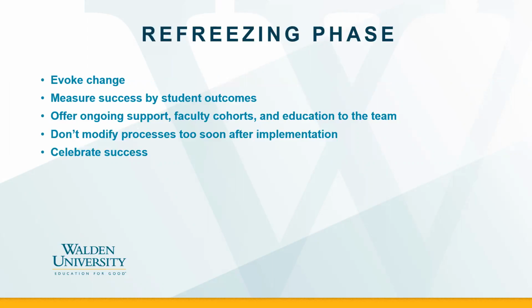The refreezing phase. So, we've introduced the change. We've started working around the data to show the need for change. We've redefined our culture for the change. We're changing the curve. Now we're going to evoke the change. We're going to measure our successes by, for a lot of us, student outcomes.